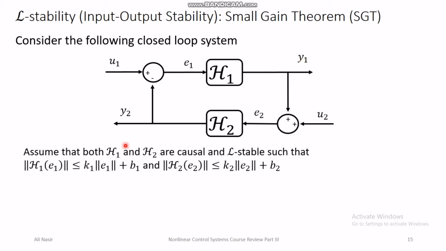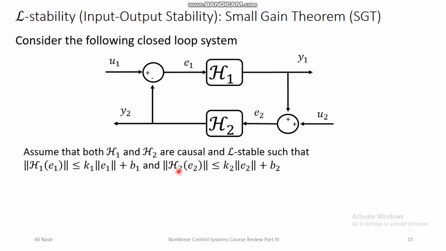Assume that both H1 and H2 are causal and small gain stable, or L stable, such that for H1 there is some finite constant K1, so that the output y1 of H1 for the input e1 is less than or equal to K1 times the magnitude of the input plus some biasing term b1.